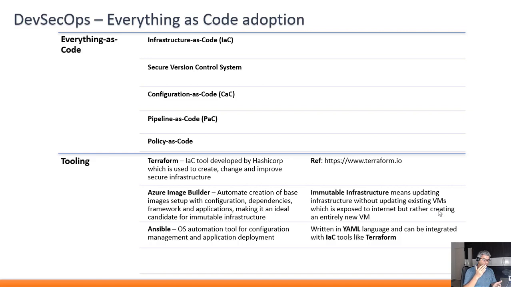You need code for the configuration that is part of your infrastructure. You need code for the policies, right? What I mean by policies: you are implementing some of the compliances or policies like role-based access control, RBAC, all those kinds of things, right?